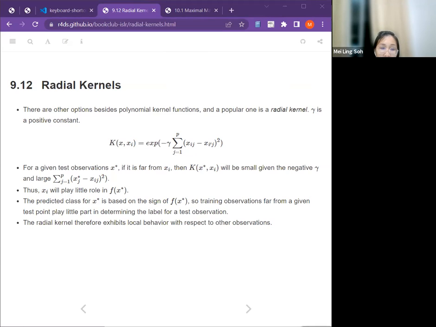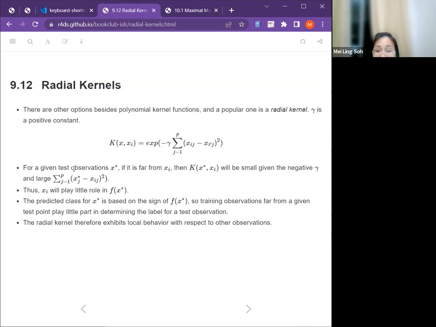The difference between the polynomial kernel and the radial kernel is that in the radial kernel, the differences between all your measurements, the pairs, are squared. You have the distance between two observations, and it is squared. Because we are squaring it, the influence one observation has on the other is a function of the squared distance. Then in the radial kernel, there is this negative lambda.